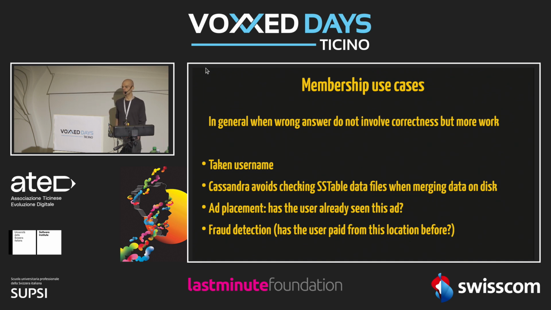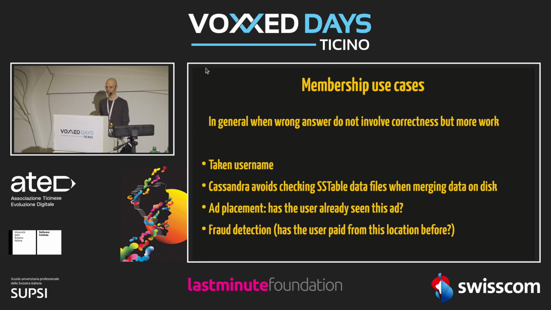And this is just one of the examples where you can use them. For example, the Cassandra NoSQL database avoids checking the SSTables, the data files, while merging data on disk by using the Bloom filter, one of the data structures that we are going to see. Or for example, with ad placement, has a user already seen a specific ad?